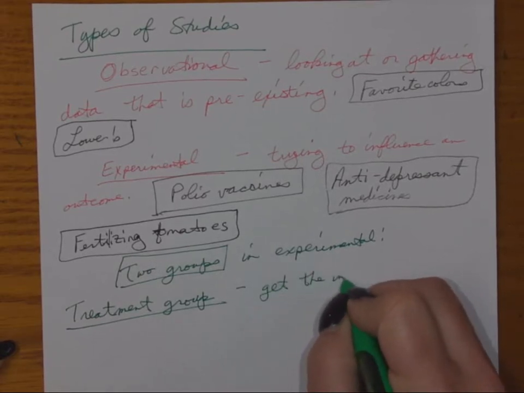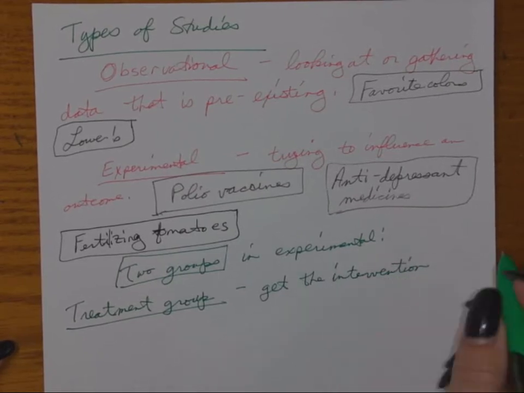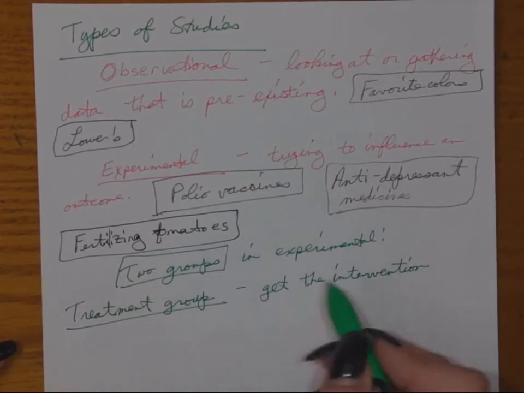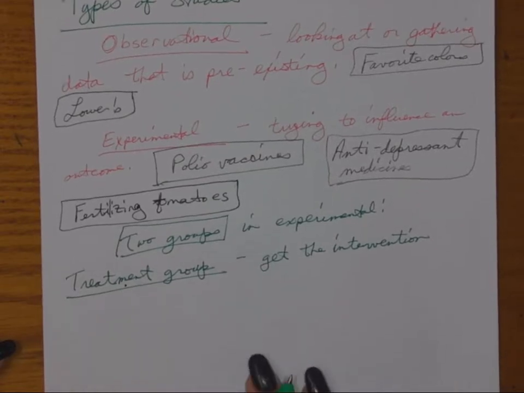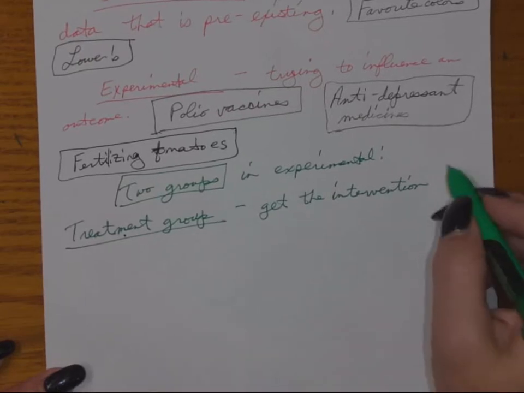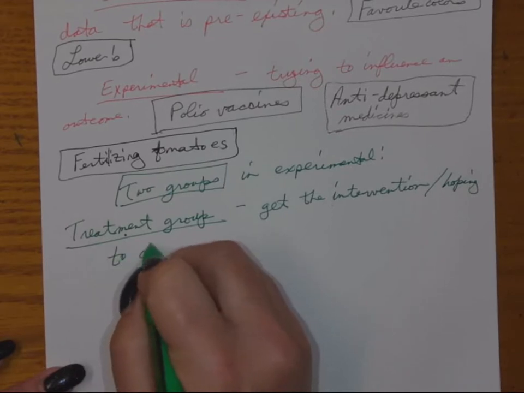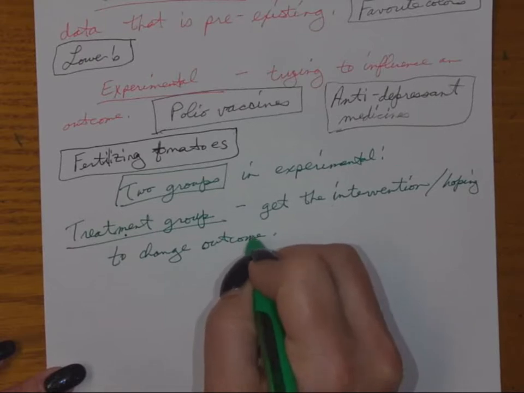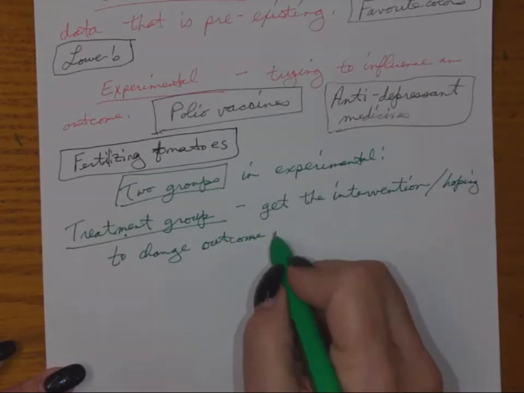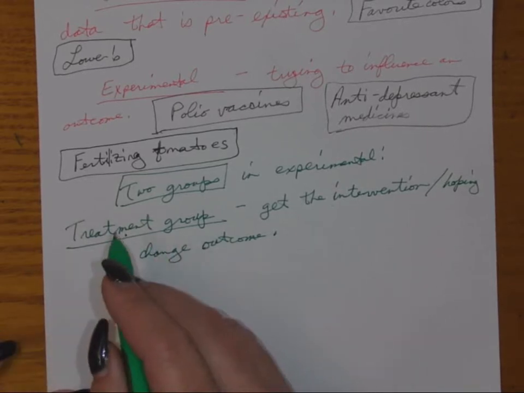So in other words, if I'm working on antidepressant medicine with young kids, then the kids that are in my treatment group are the kids who are going to get the antidepressant medicines. So they get the intervention. We are hoping to change their outcome. So in this case, I would hope that kids who are on my particular antidepressant medicine that I'm trying to market, that fewer of them have episodes of depression, right? That's what I would hope for. Okay, so that's one group, treatment group.